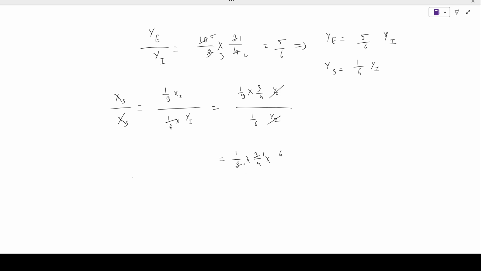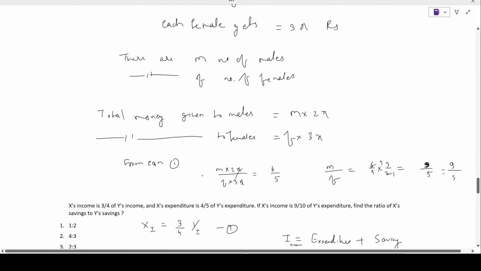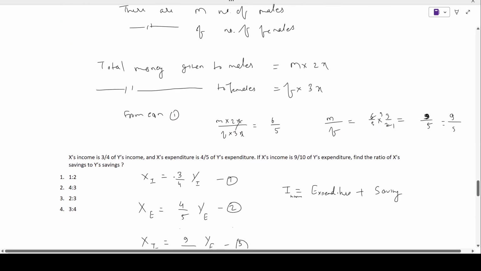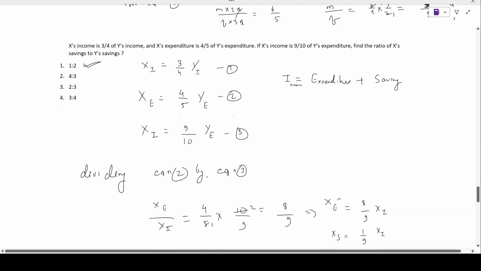Final answer is 1 ratio of excess saving to Y saving. The correct option would be option A, 1 ratio 2. Moving on to the next question.